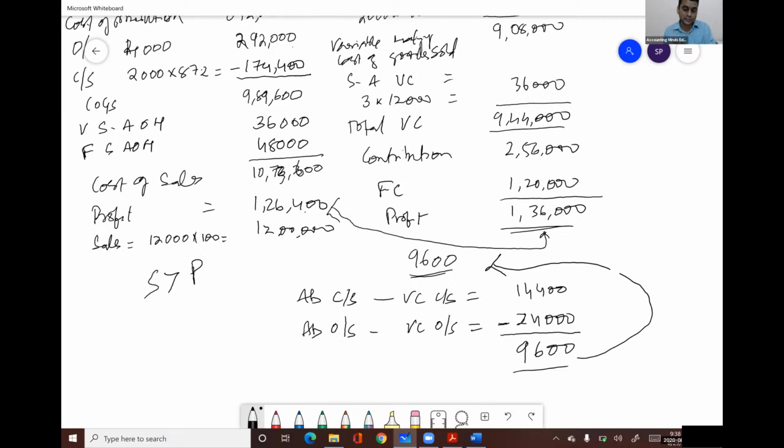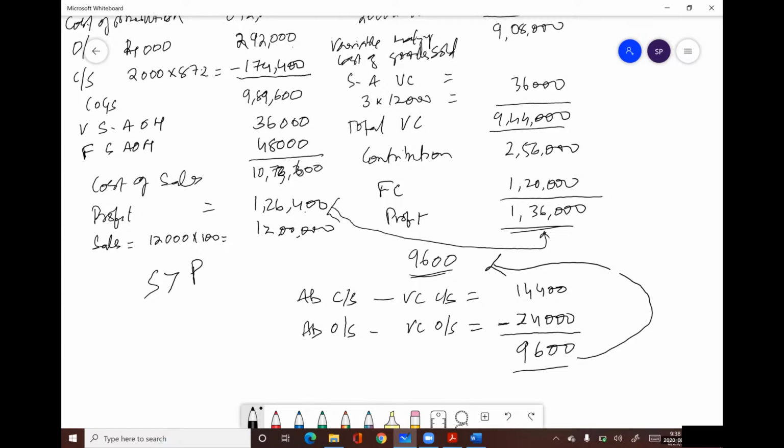The remaining part you said correct. Repeat it again, Sanjana. So the difference is because of the difference in valuation of closing and opening stock in both the methods. Right. Guys, understood? Yes, sir.